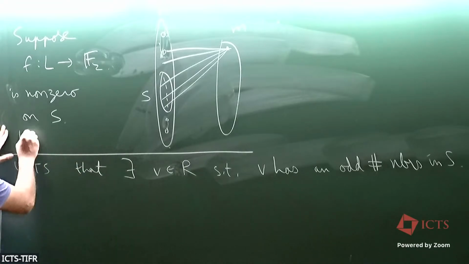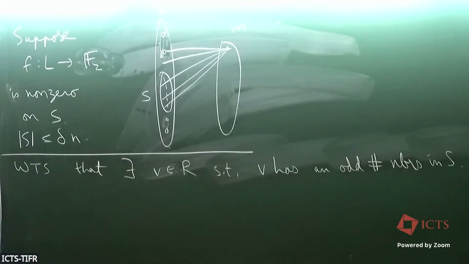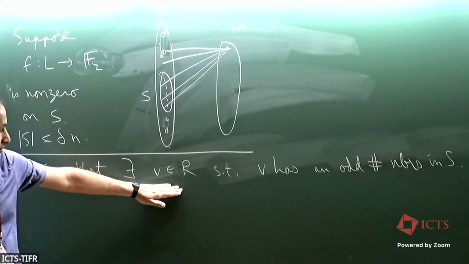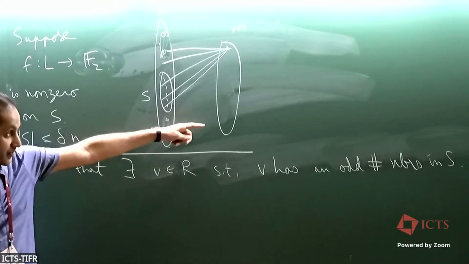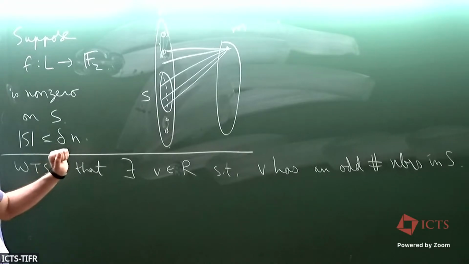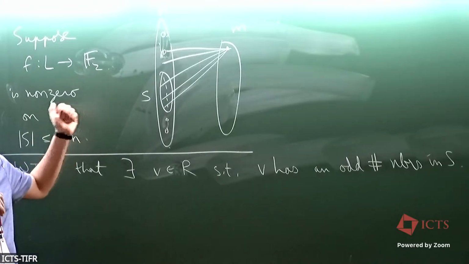And size S is at most delta n. Do we agree that if we show that whenever you have a set of size at most delta n, there is a vertex V on the right which has an odd number of neighbors in S, then this code has distance at least delta n?